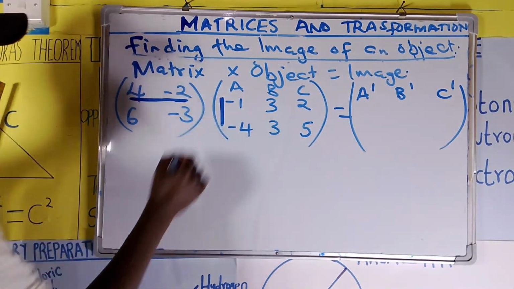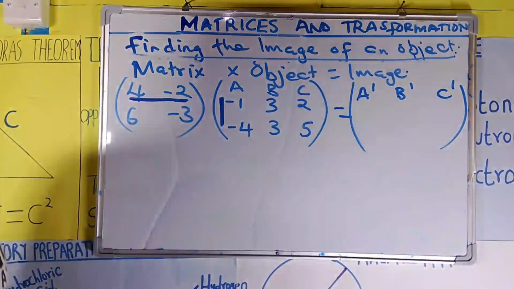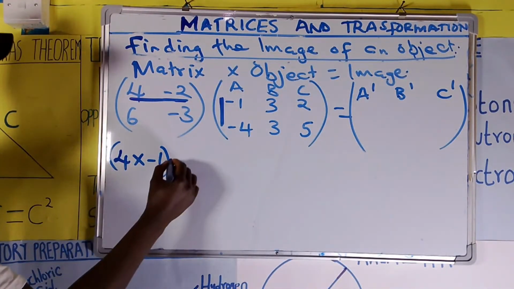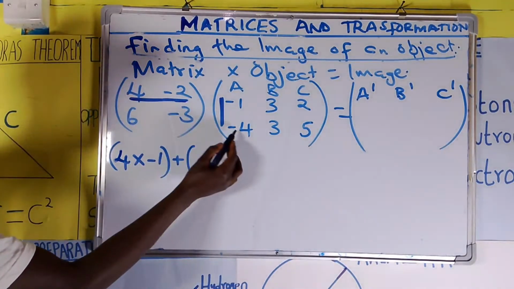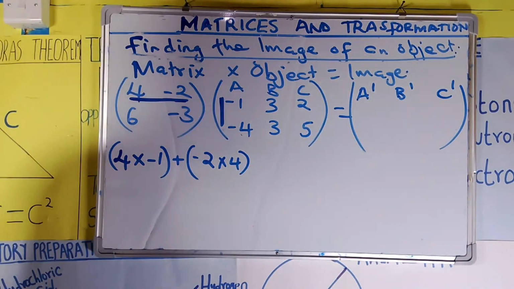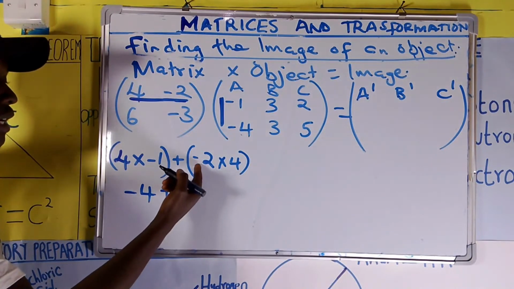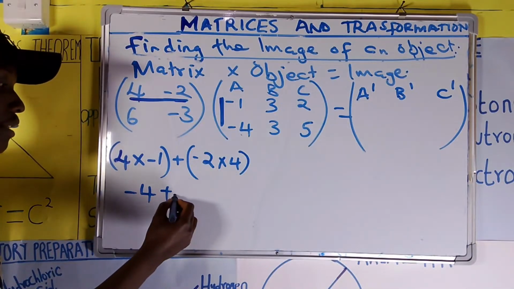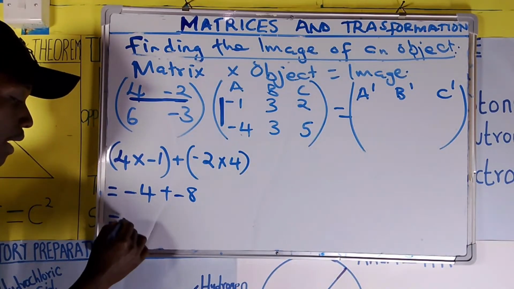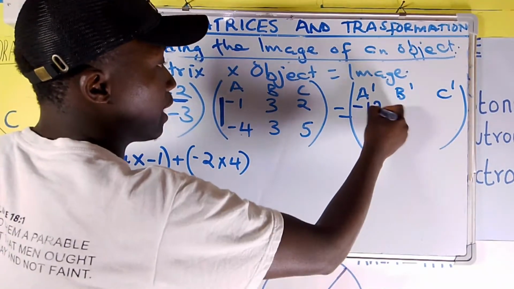That will be 4 times -1 plus -2 times 4. So 4 times -1 is -4, plus -2 times 4 is -8. So -4 plus -8 gives us -12. So for x it will be -12.